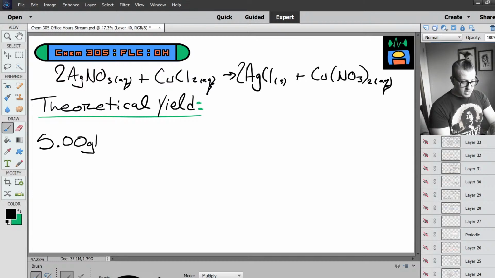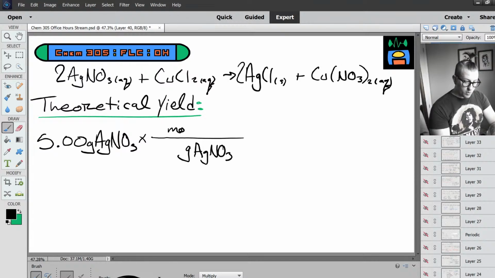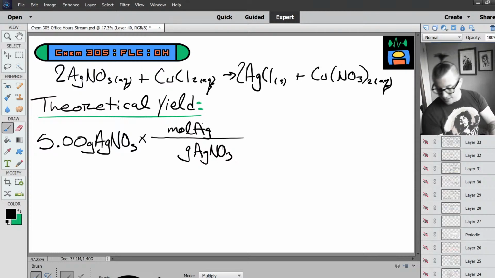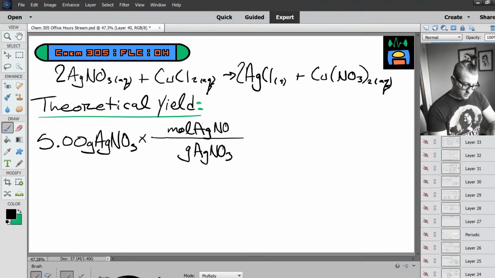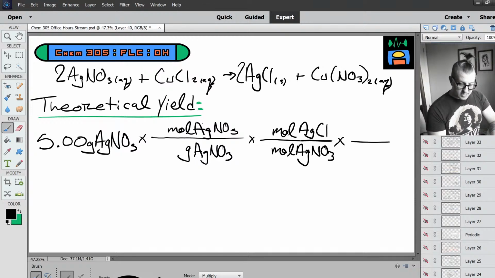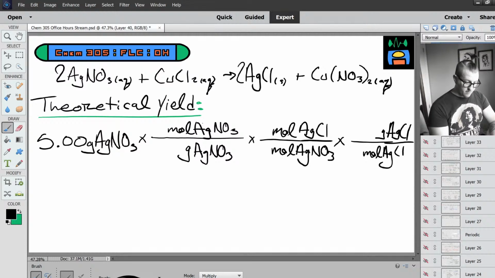It's taking an initial mass of a reactant, converting from grams of that reactant to moles of that reactant, then converting from moles of the reactant to moles of the product, and then the final step, going from moles of product to grams of product.